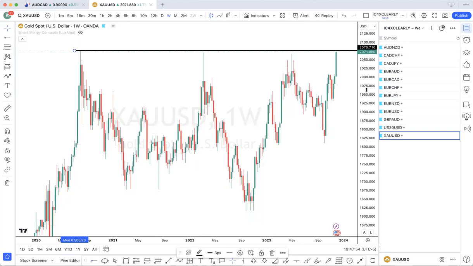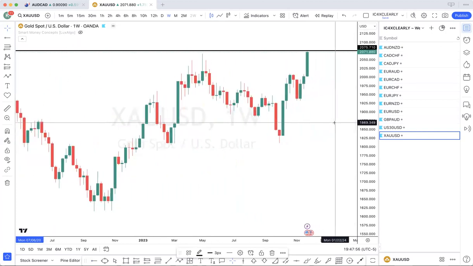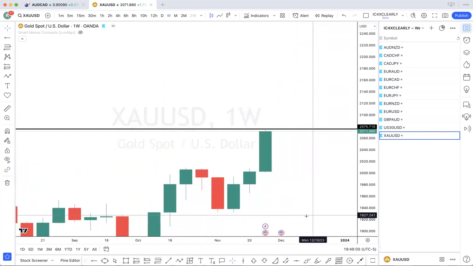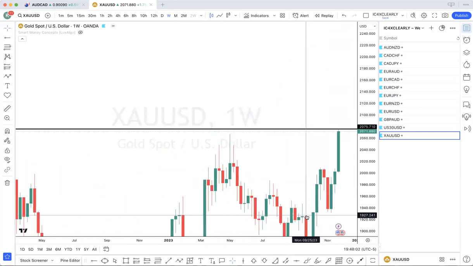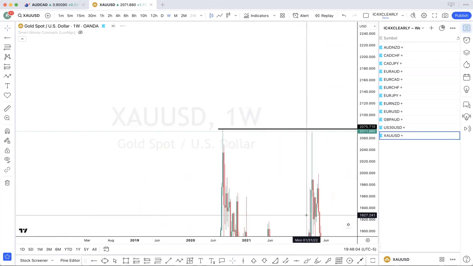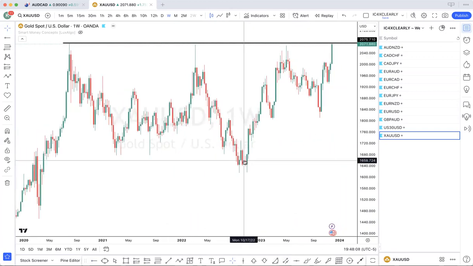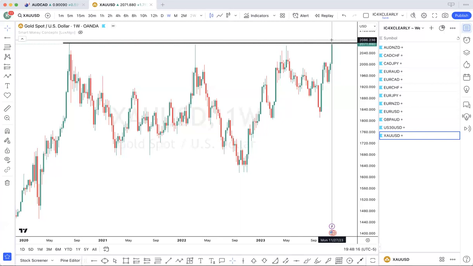It hasn't gone past that high, I don't think it has. Yeah, so I don't think it's gone past that high yet. So price is probably going to wick past that high. I mean, it's right there, right? So price is probably going to wick past this high and then start selling to the downside.